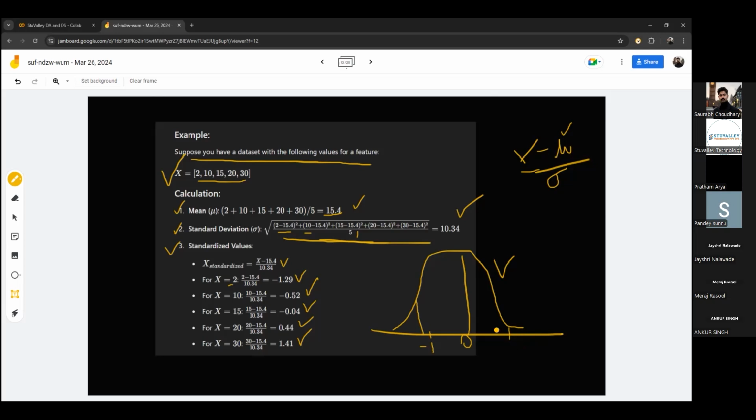Okay. So this is 0.52, right? So this is here.